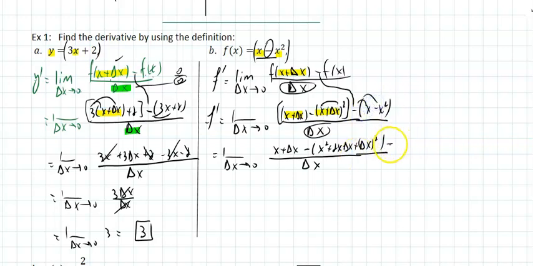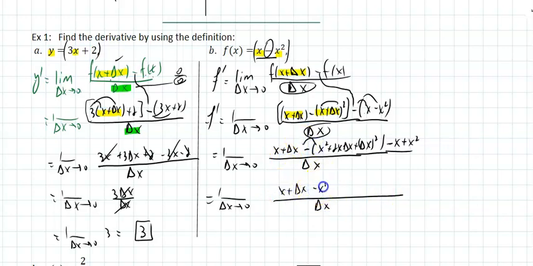Distribute the negative, minus x plus x squared. That is the limit as delta x approaches 0 of x plus delta x minus x squared minus 2x delta x minus delta x squared.